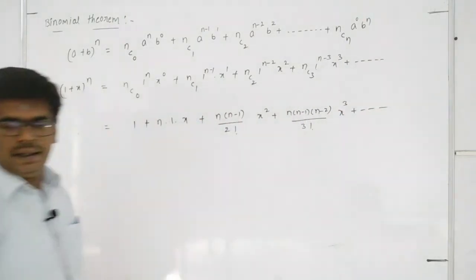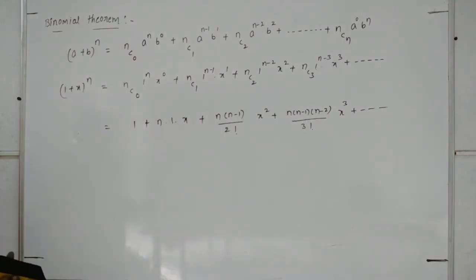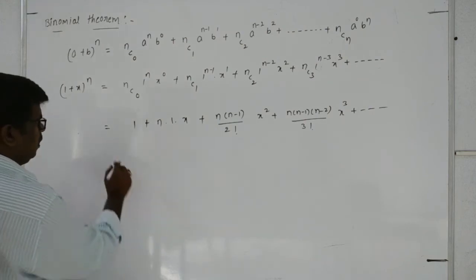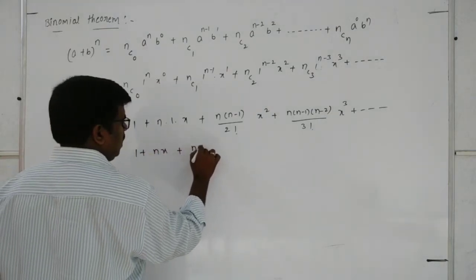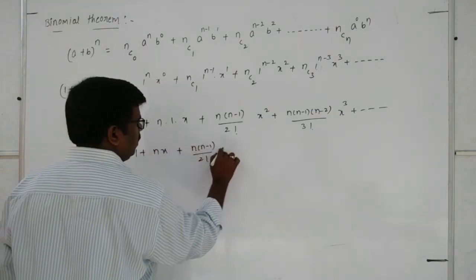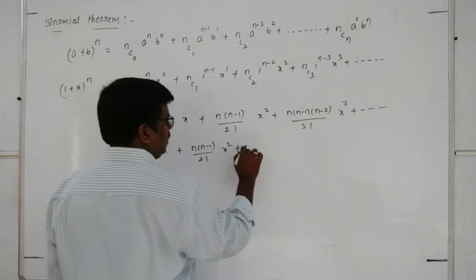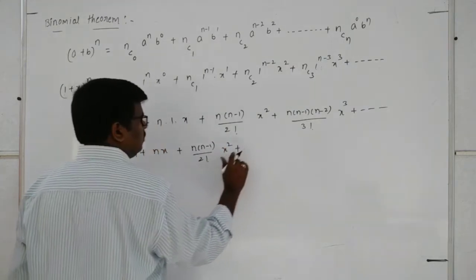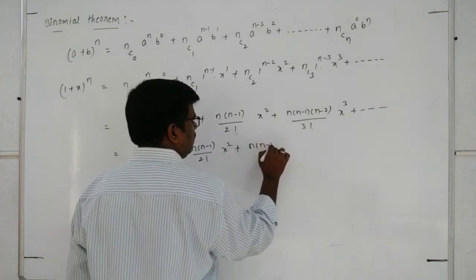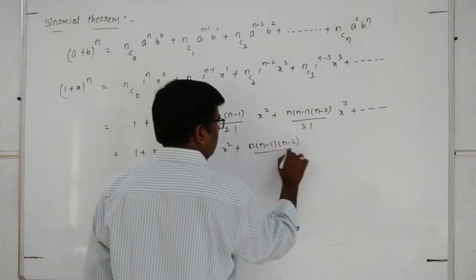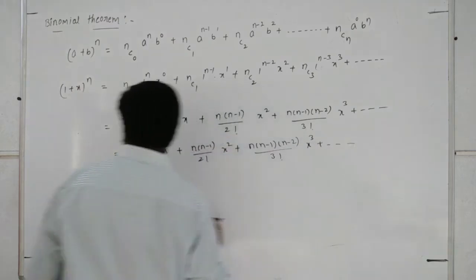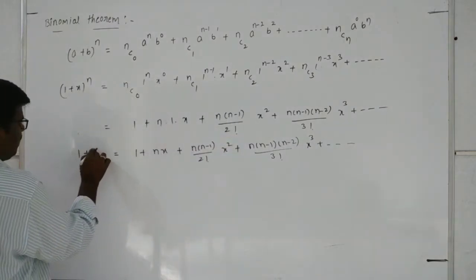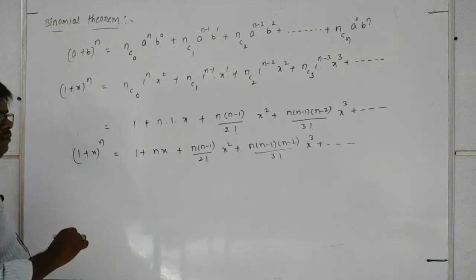So now you can write: 1 plus nx plus n(n minus 1) by 2 factorial into x square plus n(n minus 1)(n minus 2) by 3 factorial into x cube, and so on. That is (1 plus x) whole power n.